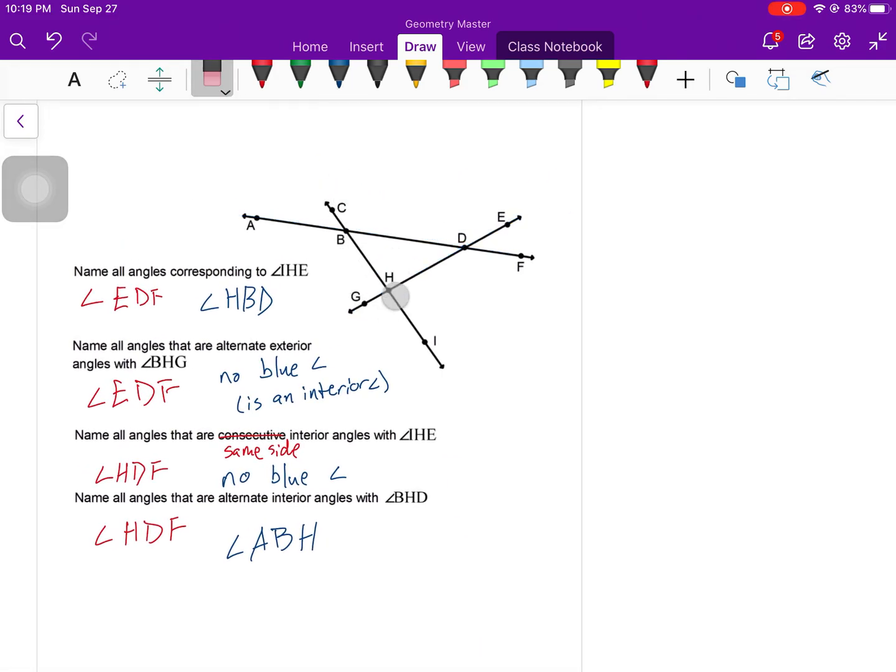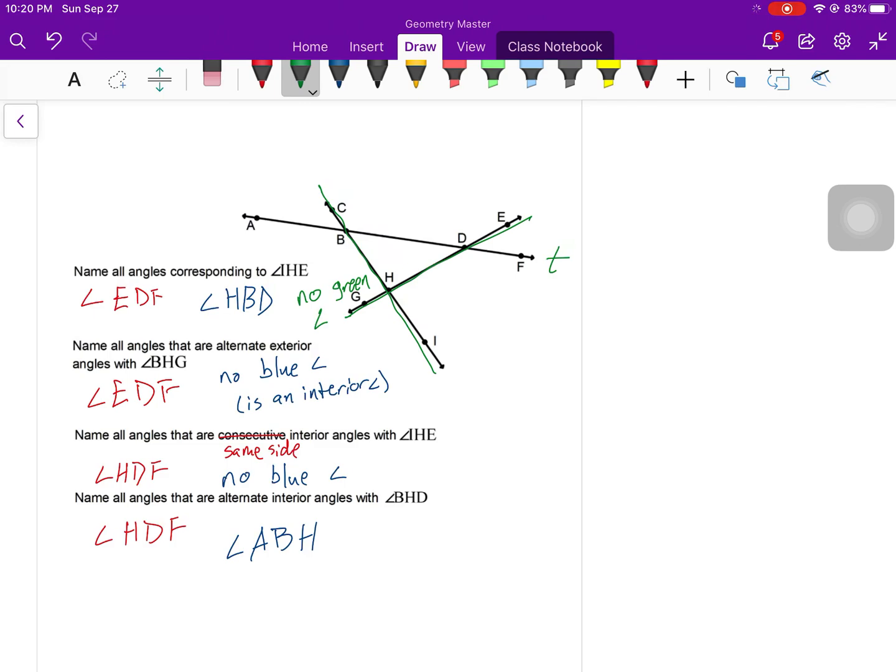All right. And now I've got to do the same thing again with the other one that I have not done yet so far, looking at those two, where line AF is my transversal. If I'm looking at AHE, corresponding to angle AHE, AHE is not formed by the transversal at all, so no green angle. Because you remember, these angles have to be formed by the transversal and one of the lines.